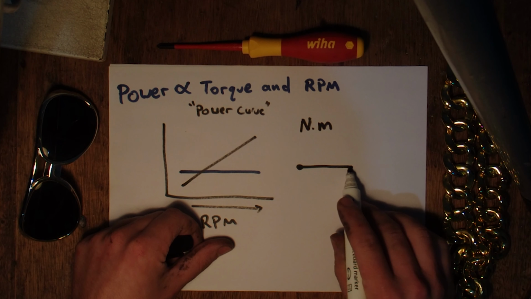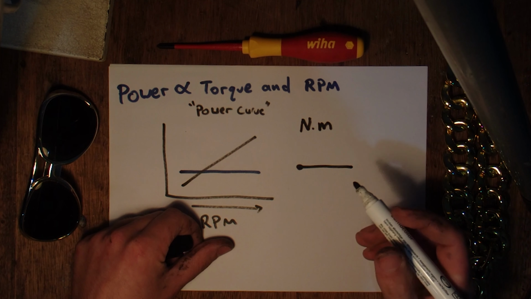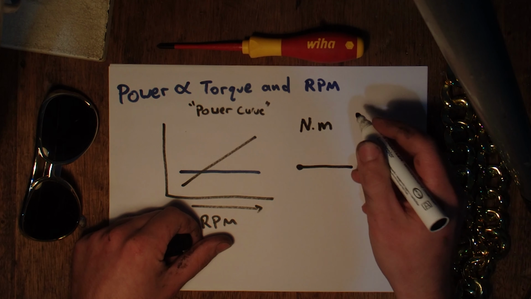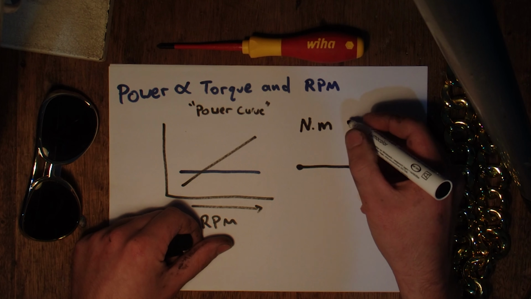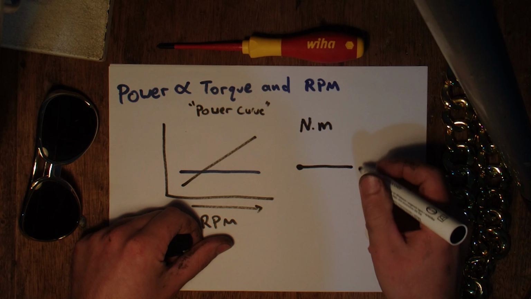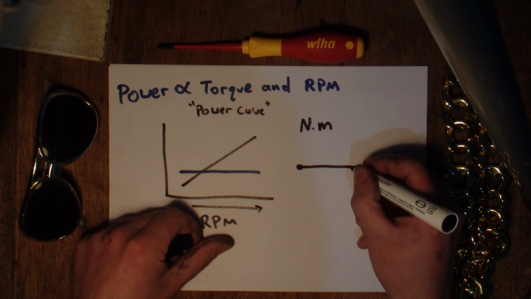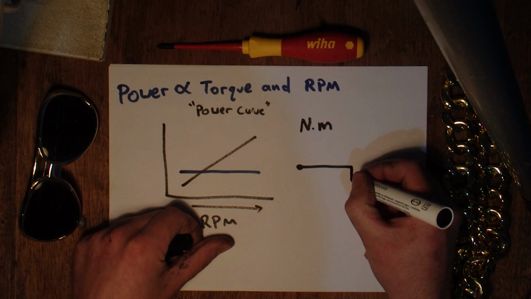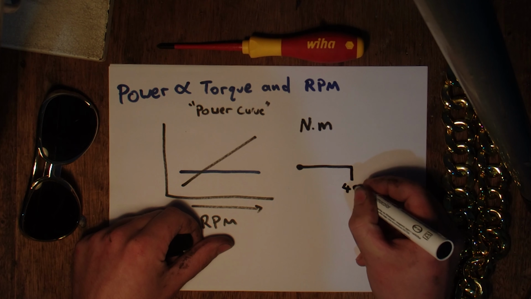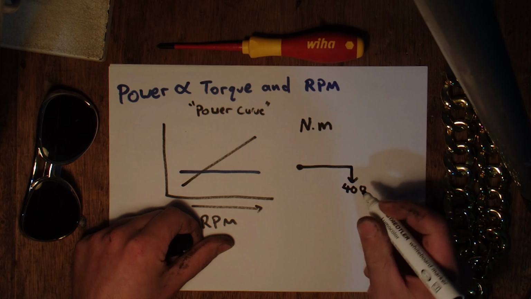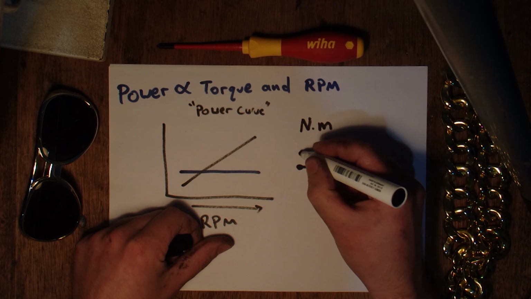So let's say this lever here is a meter long, and this particular engine's making 400 newtons. It's pushing 400 newtons down on this, so this is a 400 newton force, and that's 1 meter long.